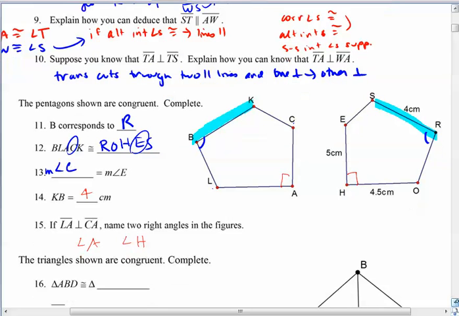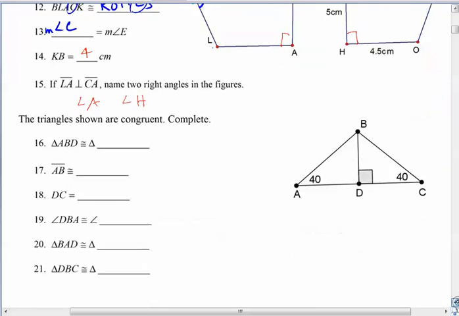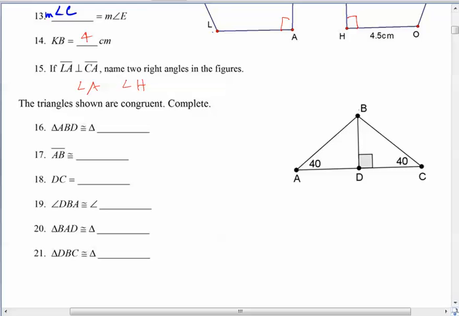All right. The triangles shown are congruent, complete. Angle ABD. Well, how would I figure that out? I do have a triangle here, and if this is a 90-degree angle, the two acute angles in a right triangle are complementary, so the complement of 40 is 50.